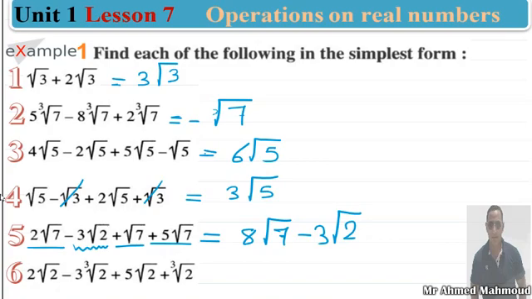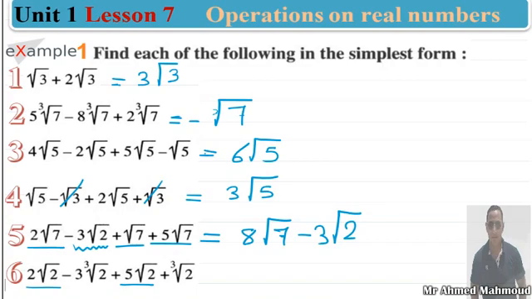The next one. Here we have 2 square root 2 and 5 square root 2 that are like, and the other roots are cubic roots, so all of them are not like.